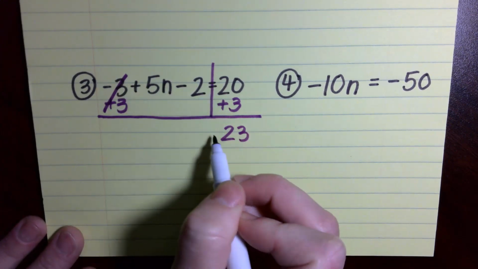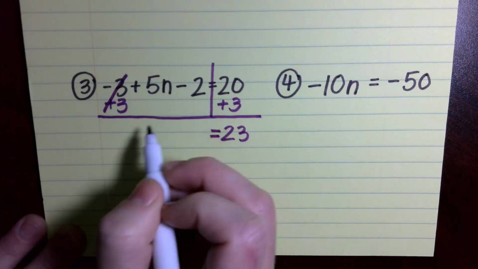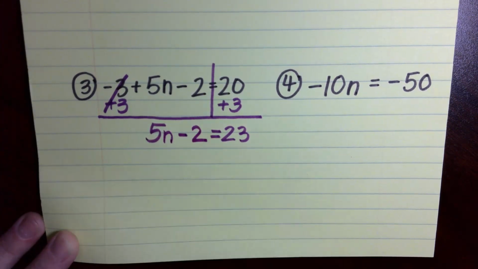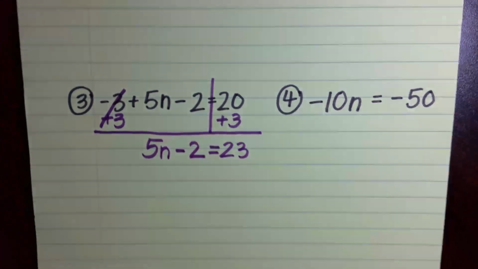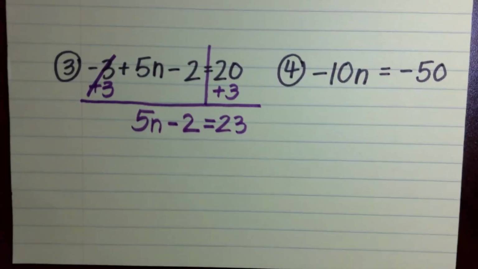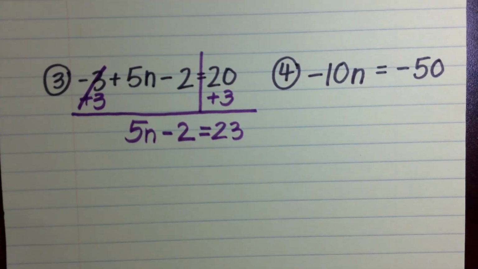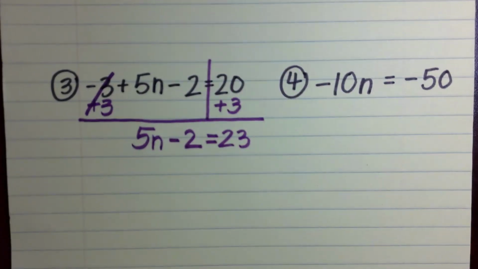I've got my equal sign, and then I've got 5n minus 2 left. Okay, so now we're working with an entirely new equation here. I've got 5 times n minus 2 equals 23.